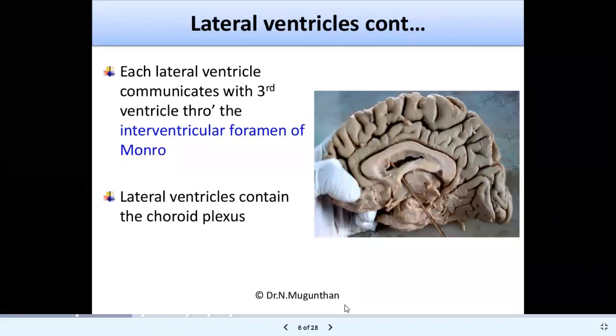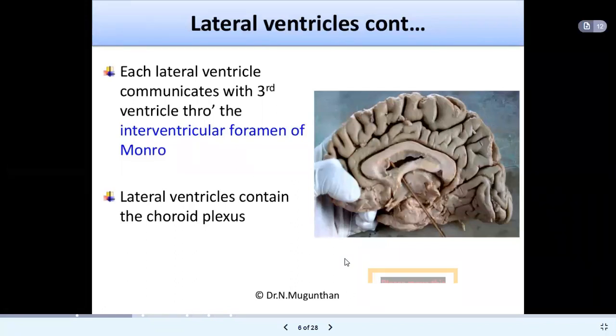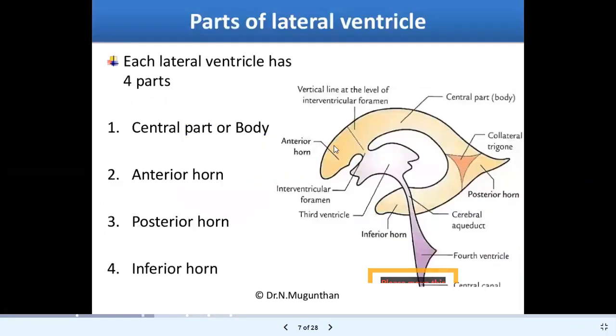Now you can see here, right and left lateral ventricles are connected by means of the interventricular foramen of Monro, isn't it? Lateral ventricles, we know, contain a capillary plexus called choroid plexus.